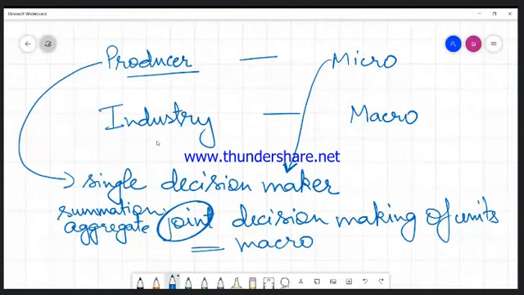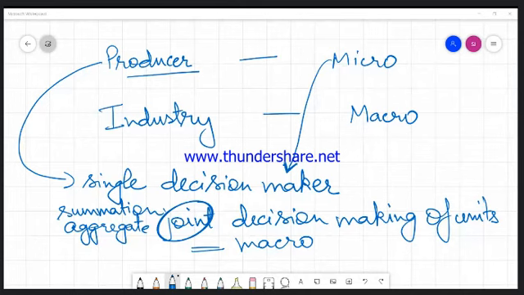Industry is always a group of people, a group of decision makers. This industry can be anything. It can be the film industry, media industry, transportation industry, shipping industry, steel industry, food products, anything. But this is the summation of decision makers. That's why you are talking about micro and macro separately.